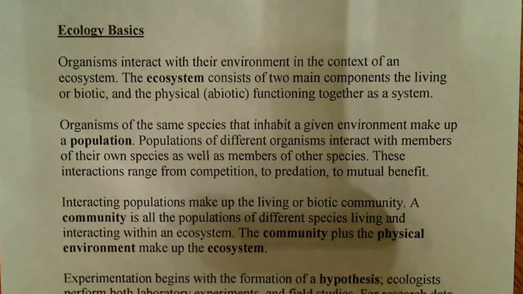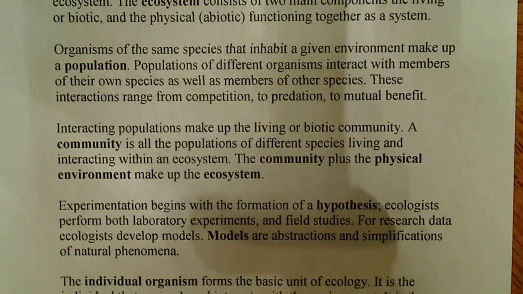And these interactions range from competition to predation to mutual benefits. They can actually work together. I mean, there's plenty of examples in botany where certain plants form mutual arrangements where they give some nutrients or something, and in return they get some other benefit that helps them with reproduction and survivability.